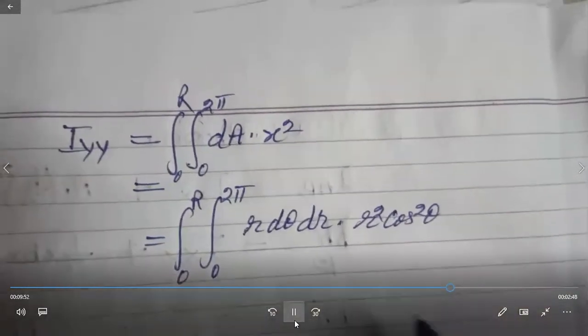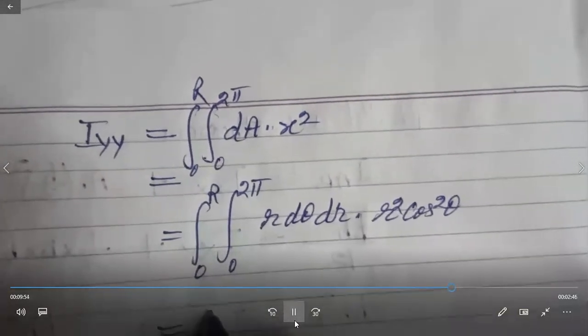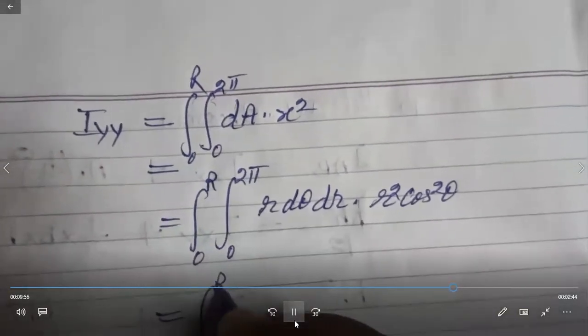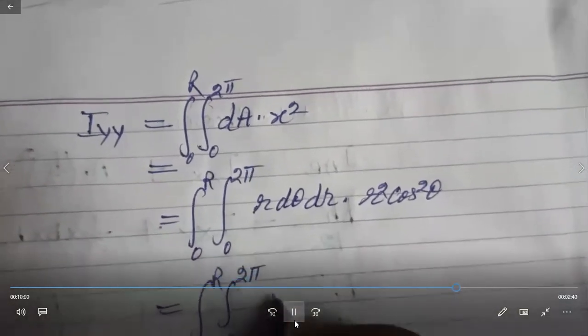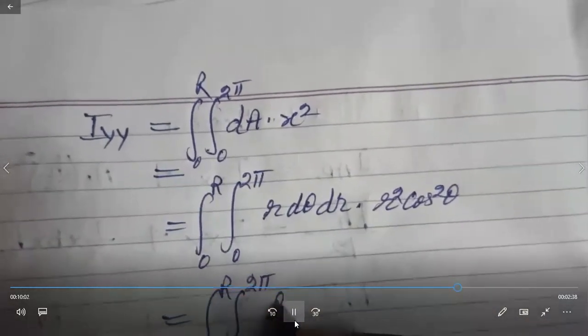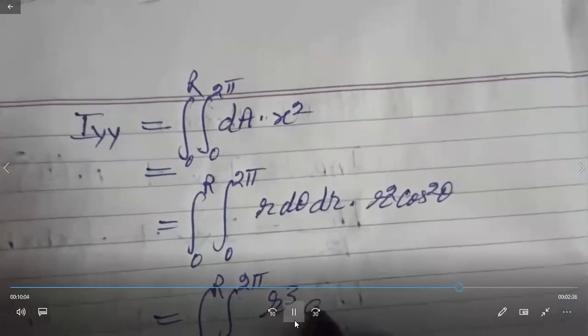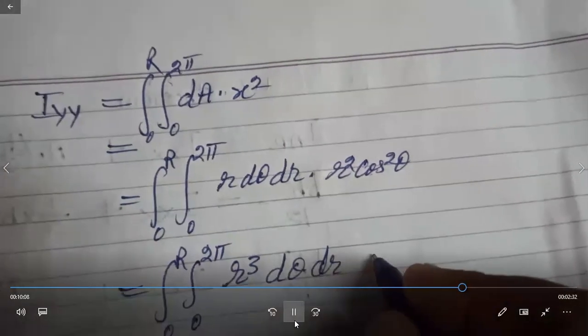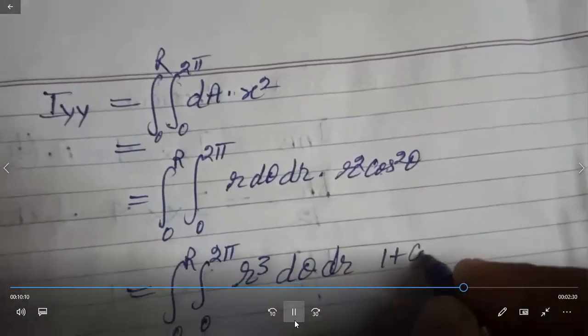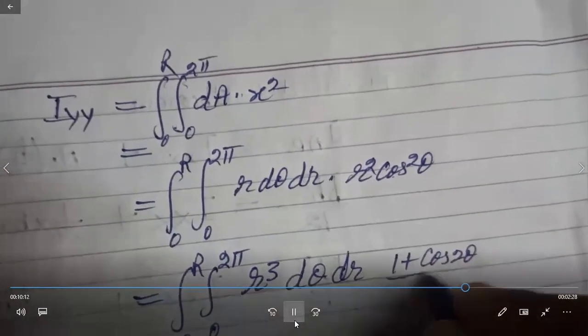So now this is equal to 0 to R and 0 to 2 pi, and this r square and r is r cube d theta dr, and in place of cos square theta, 1 plus cos 2 theta divided by 2.